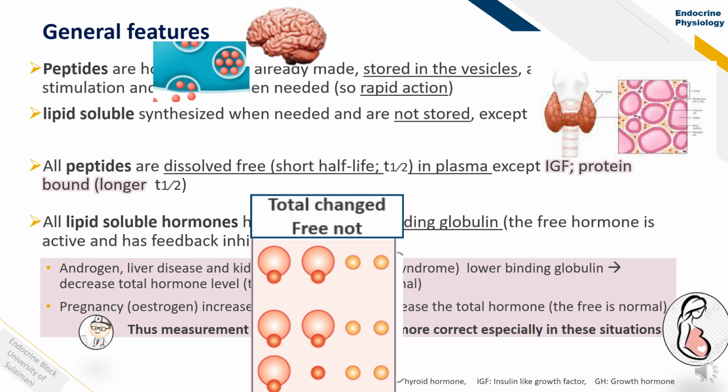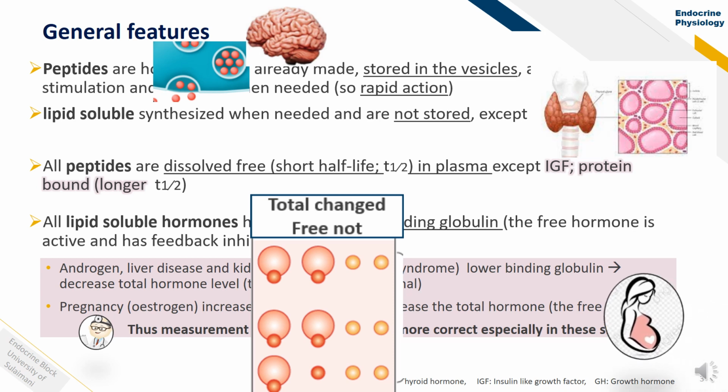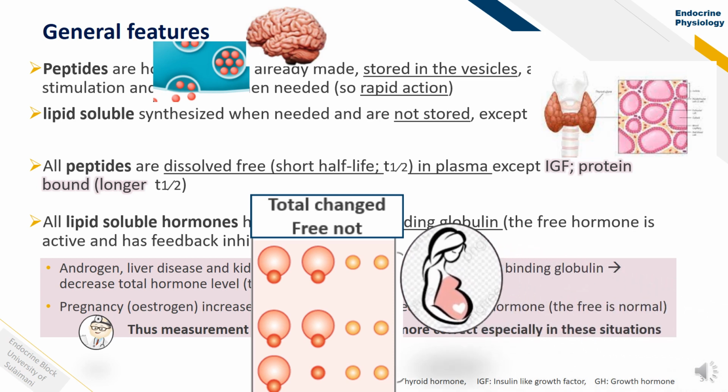What's important about that? Why do we have to know that? For example, a pregnant female comes to you, and you send her for total thyroid hormone and find that it is high.